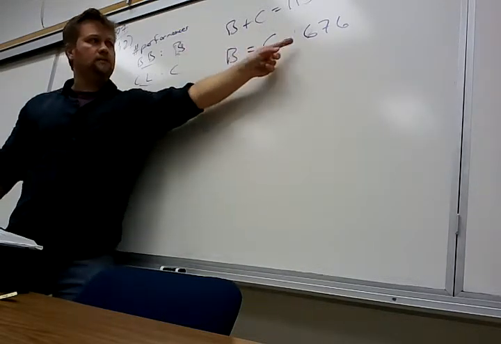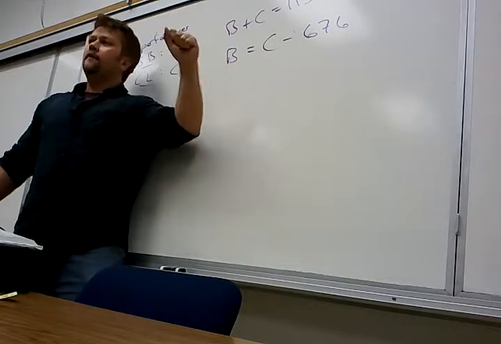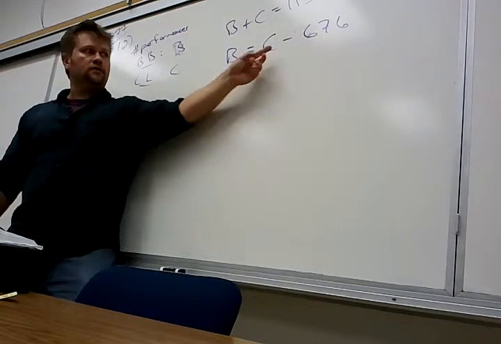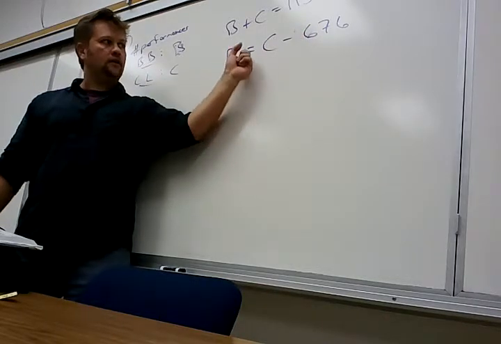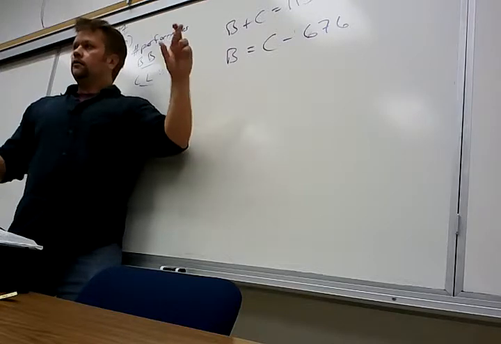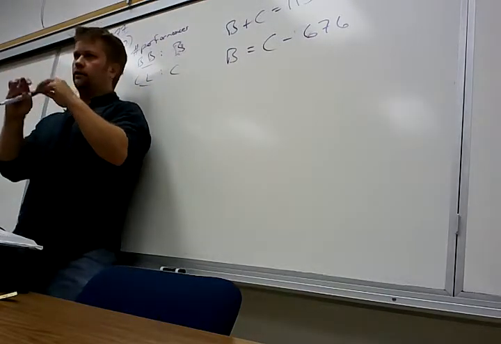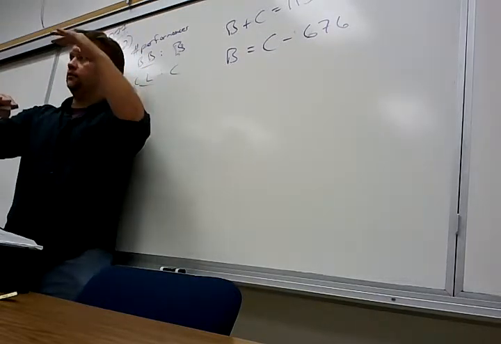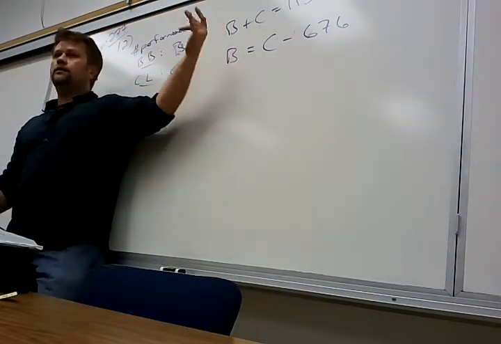Now the biggest mistake I see is people subtract this from B. But B is the smaller number. So this minus 676 is B. Because there were less B, so that's the one I got to subtract from C to make it go down to B, right?